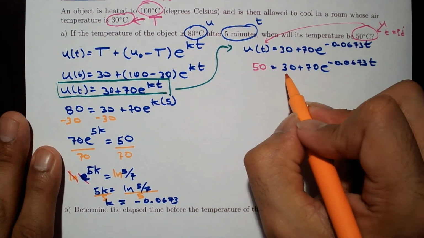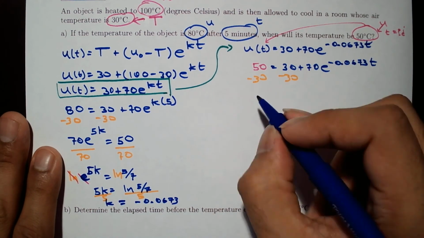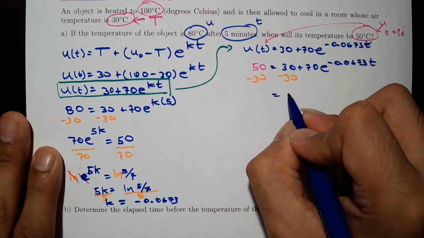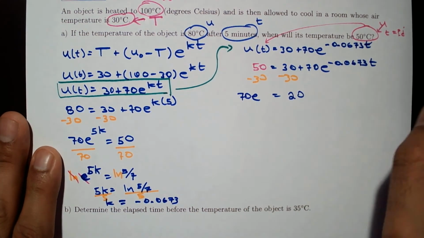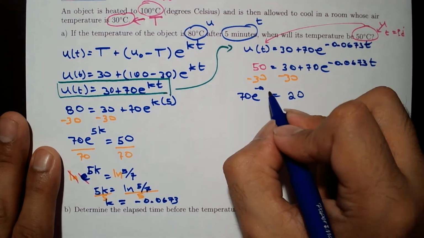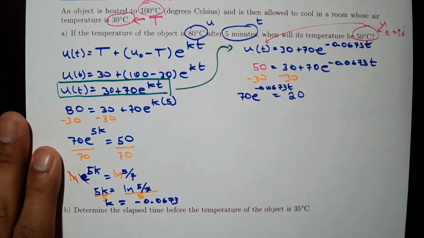So I'm going to subtract 30 on both sides, giving me a 20. 70 e to the negative 0.0673 t equals 20.